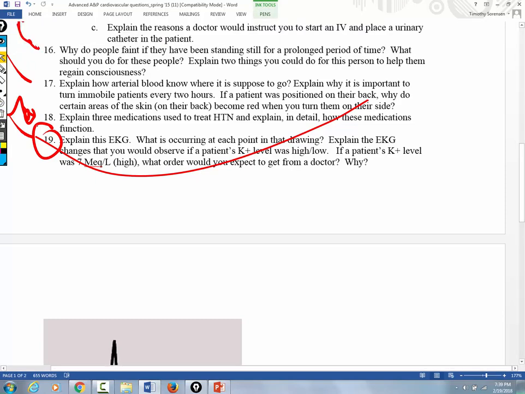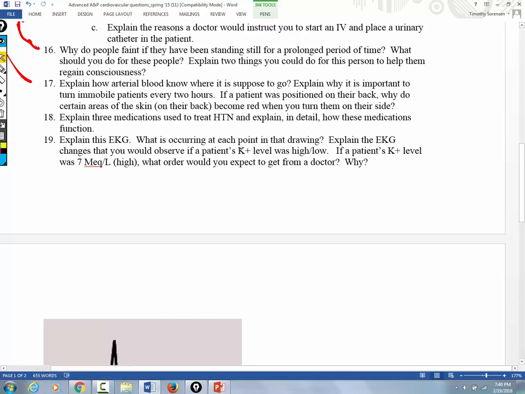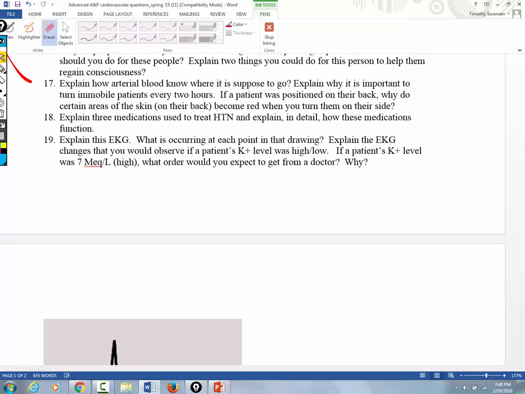Explain this EKG. Explain what's occurring at each point. Explain the EKG changes that would be observed if a patient's potassium was high or low. Okay? All right. Now, watch.